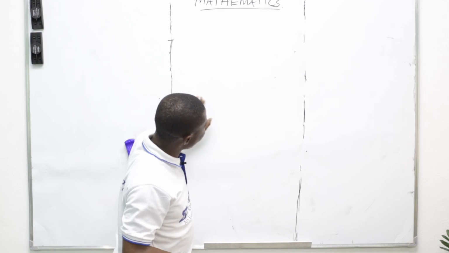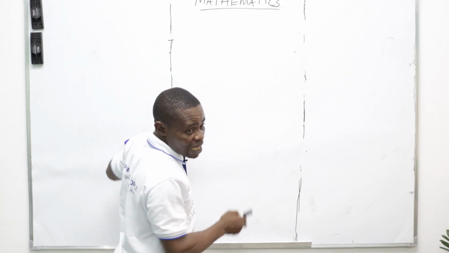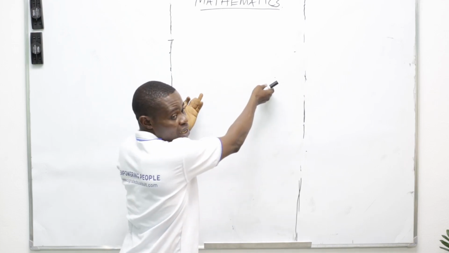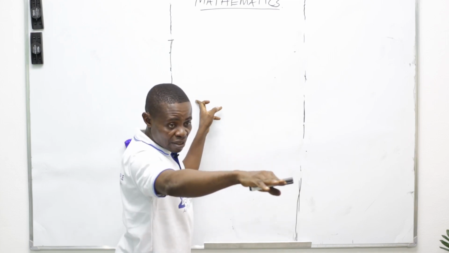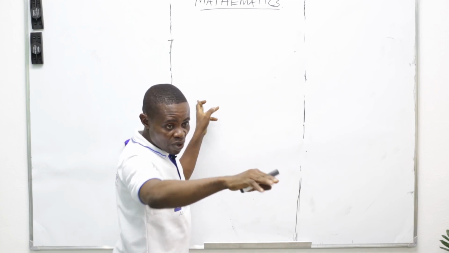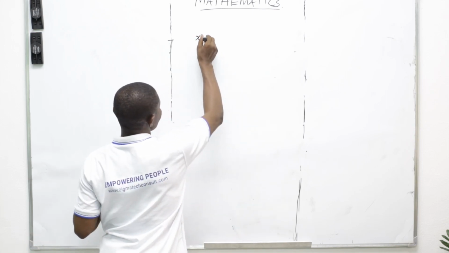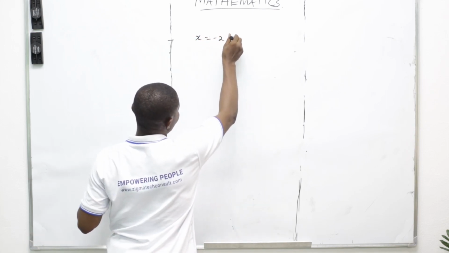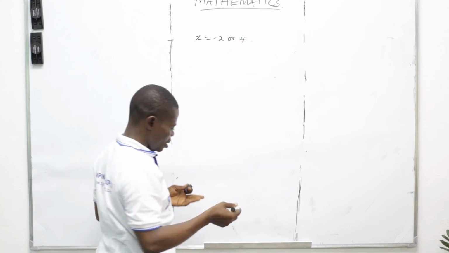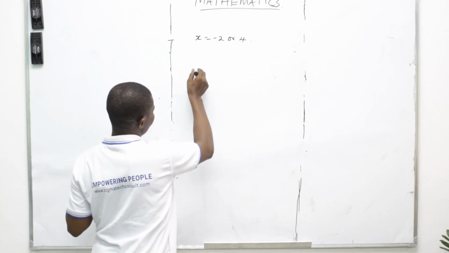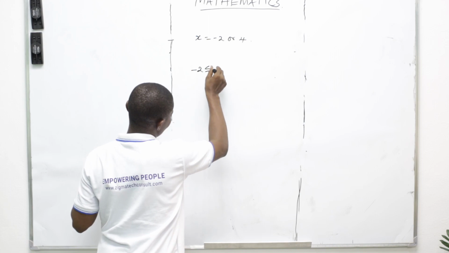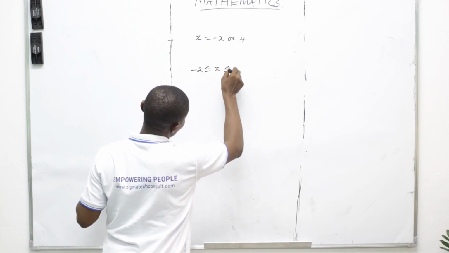Now, where y is greater than this line, that is from there, the value, that is the root of the equation, you are going to have that x is either minus 2 or x is 4, meaning that minus 2 is less than or equal to x, less than or equal to 4.